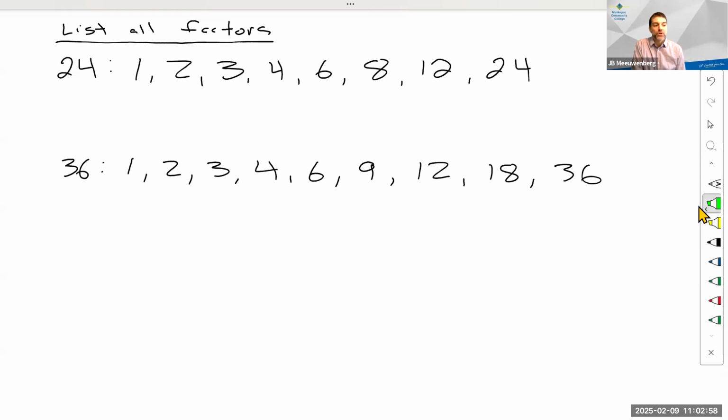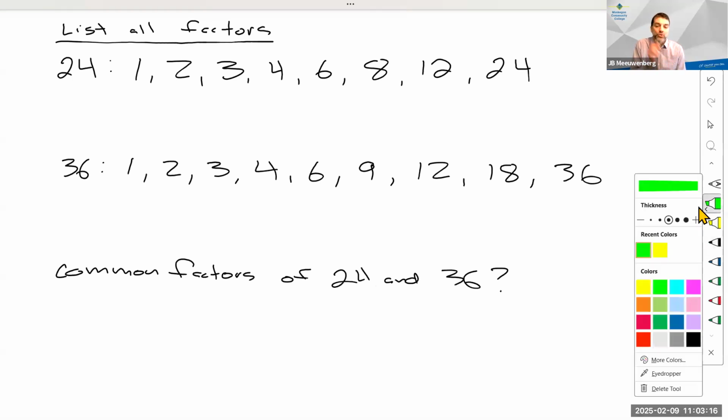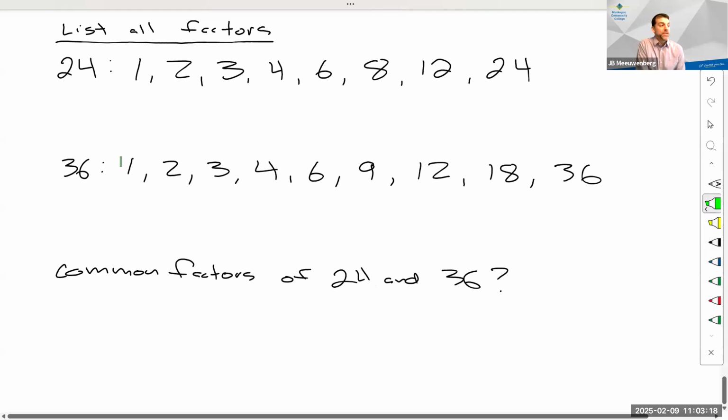My next question is, what are the common factors of 24 and 36? And there can be more than one. So the common factors would be the numbers that appear in both of these lists.